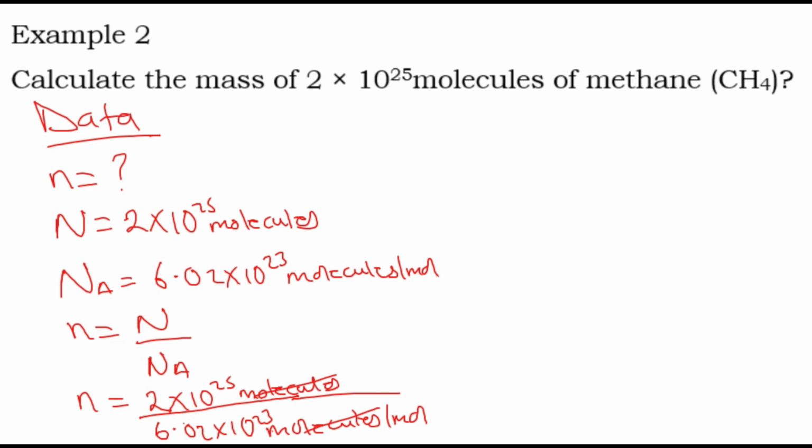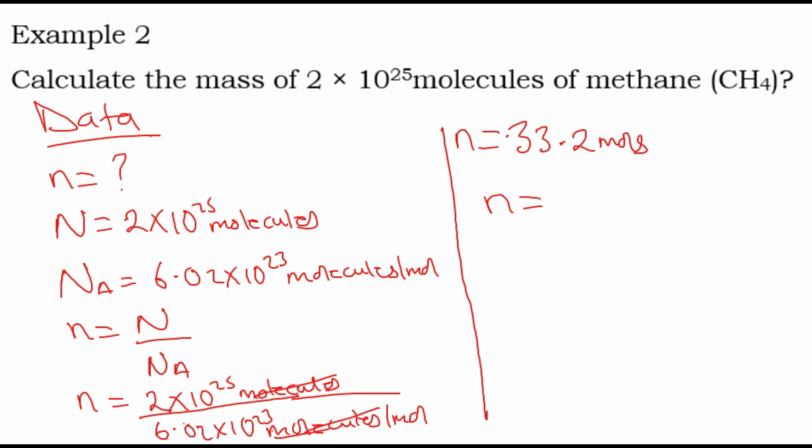We remain with number of moles when we cancel out the molecules. So how many moles are we getting when we divide? We are getting 33.2 moles.